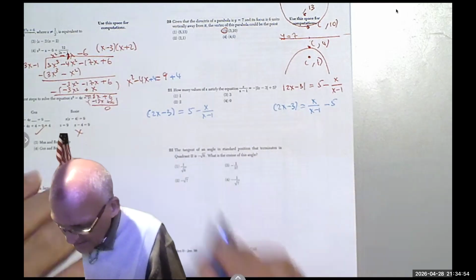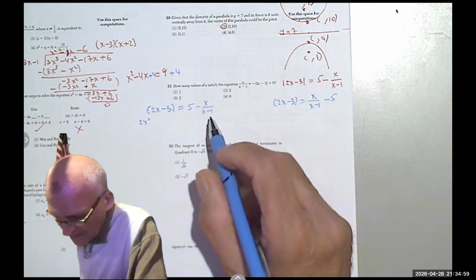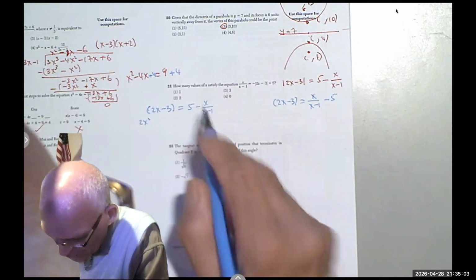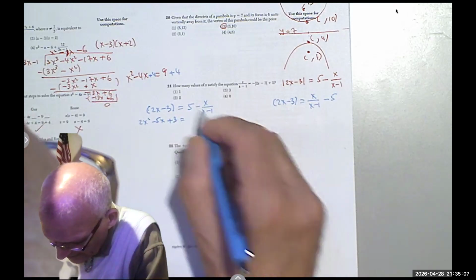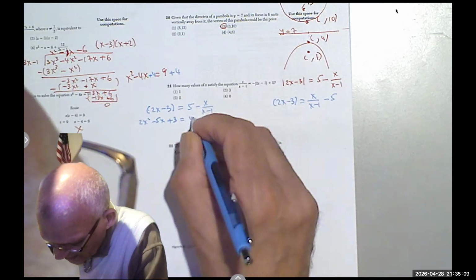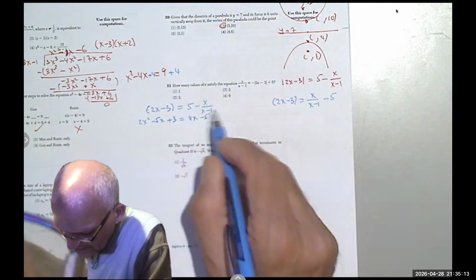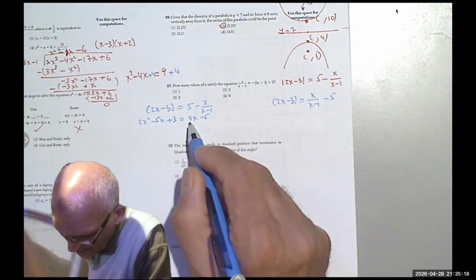In this case, when you multiply, you get 2x squared minus 3x minus 2 minus 5x plus 3 equals 5x minus x, 4x minus 5, right? 5 times x minus 1 is 5x minus 5, and then you subtract x, you get 4x minus 5.